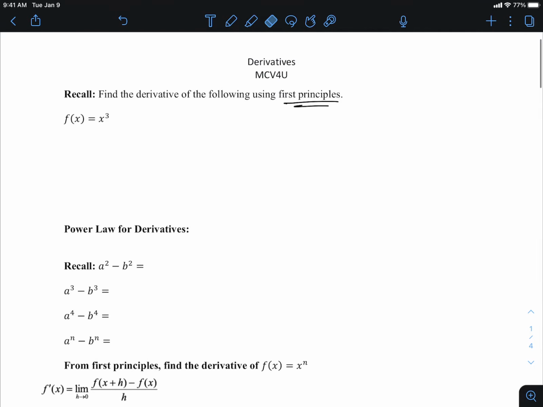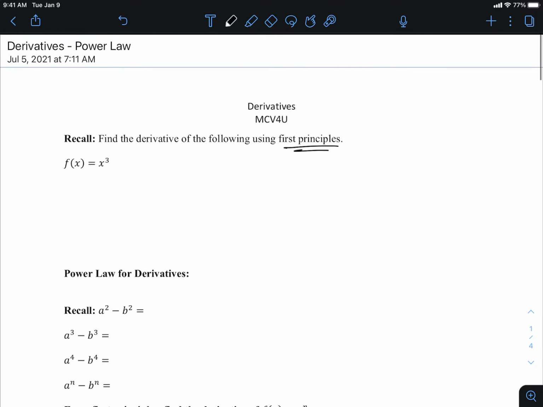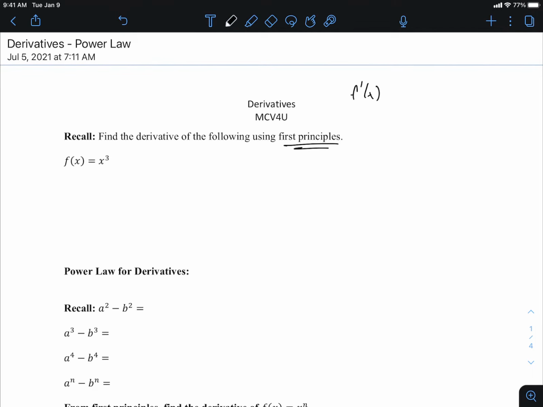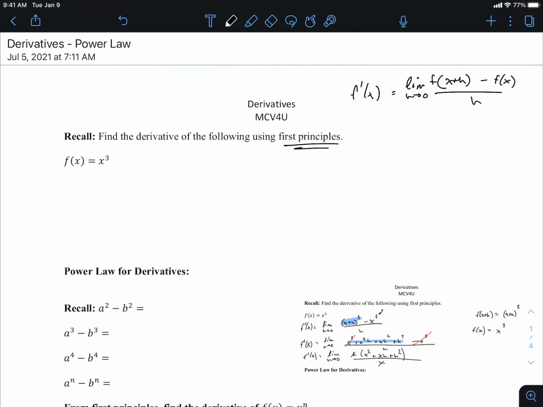We know that f prime of x, using first principles, is equal to the limit as h approaches 0 of f of x plus h minus f of x, divided by h. Okay, so let's find what these things are, right?